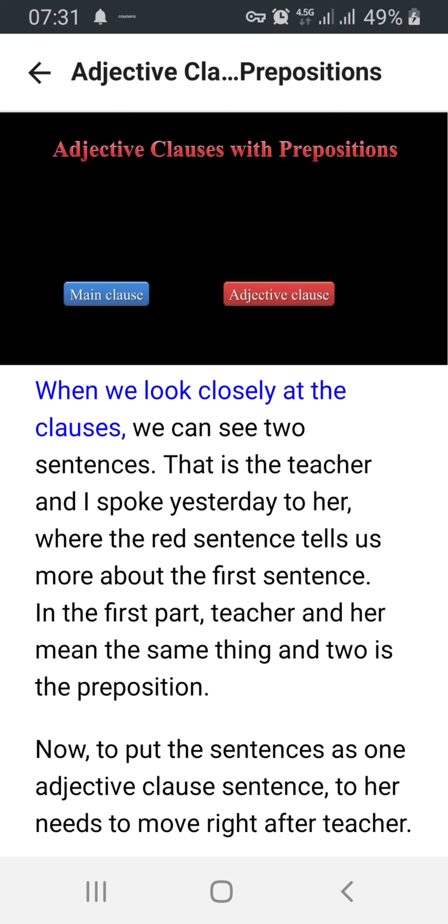When we look closely at the clauses, we can see 2 sentences. That is the teacher, and I spoke yesterday to her, where the red sentence tells us more about the first sentence. In the first part, teacher and her mean the same thing, and to is the preposition.